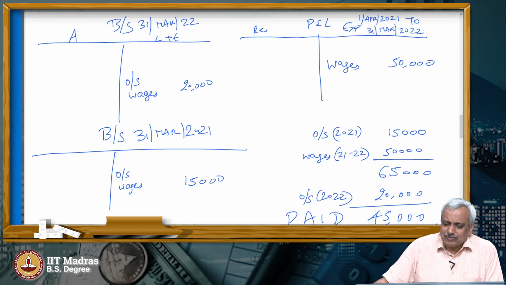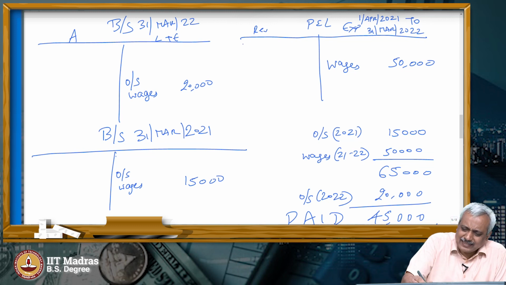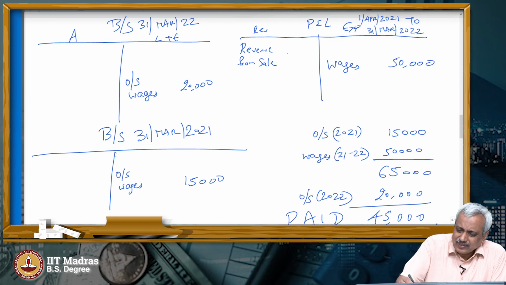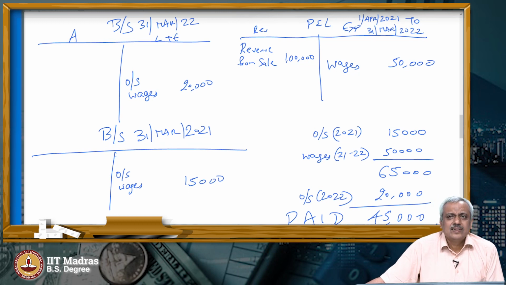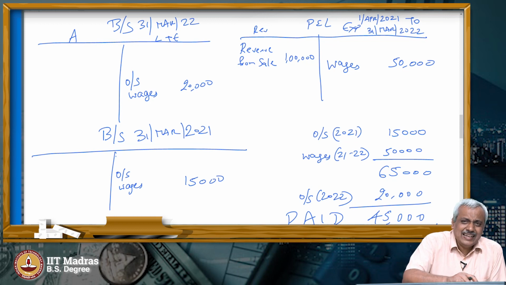The P and L statement says, I hope I'm making it very clear. My P and L says revenue from sale 1 lakh. Very simple numbers. I don't see anything receivable in the asset side.